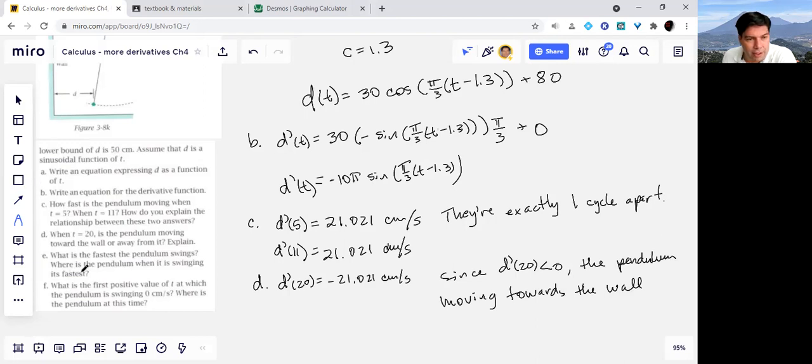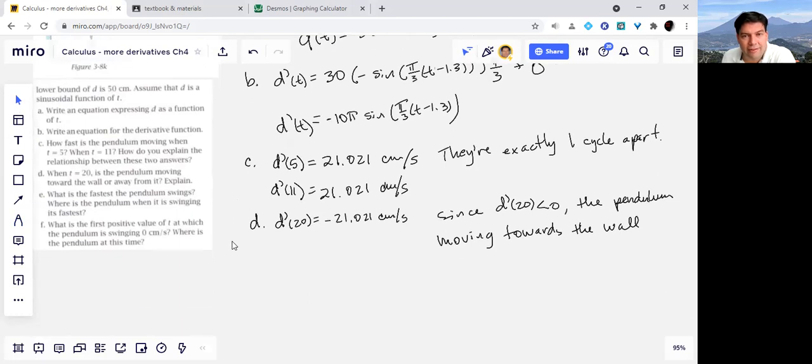Okay, part E. What is the fastest the pendulum swings? Where is the pendulum when it is swinging its fastest? Okay, so what is the fastest? I have here the function for the velocity.